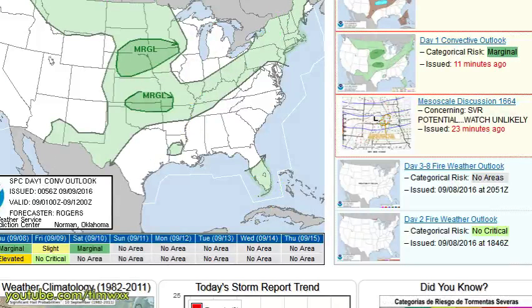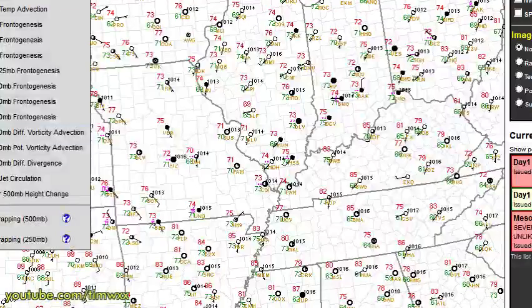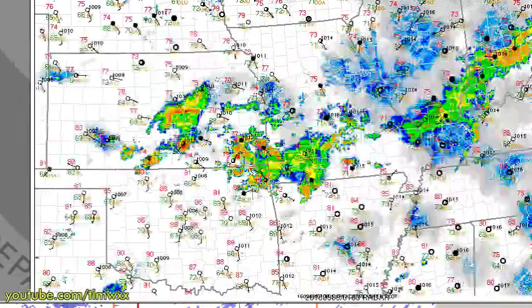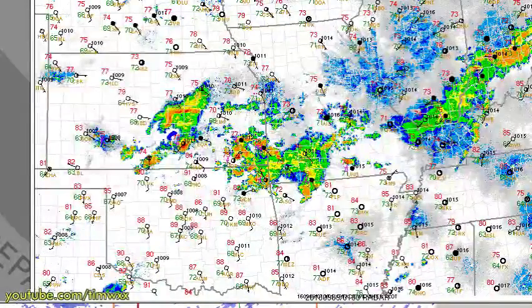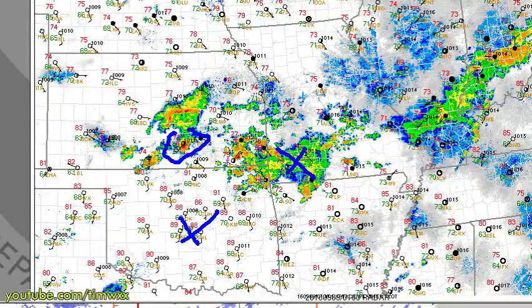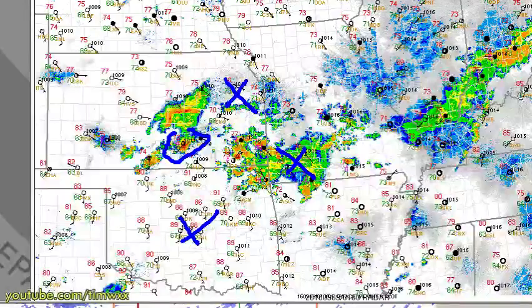Because if we look at the big picture, I'll bring up the radar here real quick. The storm is located right here. The problem is we have one sounding site here, another here in Springfield, and another at Topeka. They're very widely spaced.